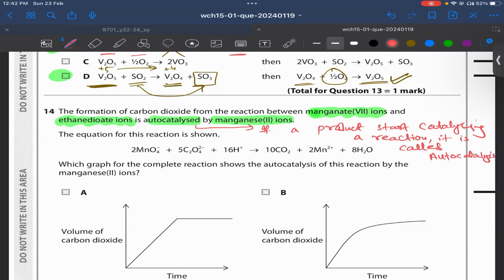So if a reaction is being catalyzed by one of its own products, then we say that it is autocatalysis. The reaction is catalyzing itself. All right.